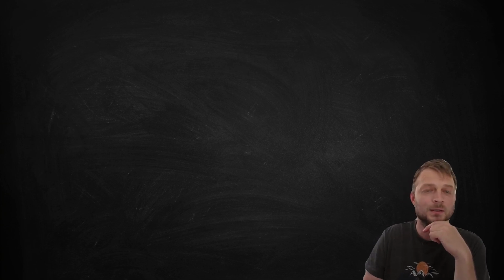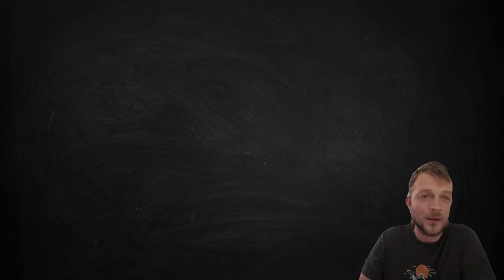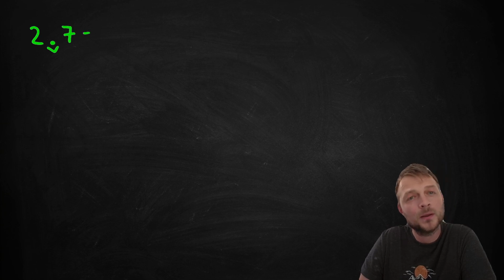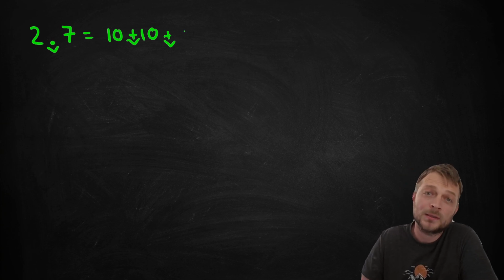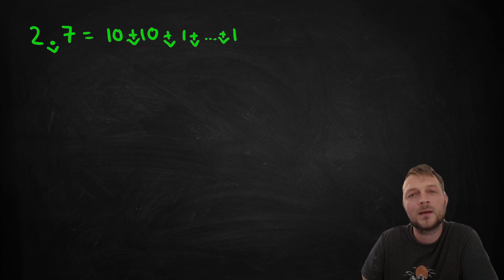Okay, let's try something different. Let's practice a little bit with this notation. 2.7. What is this? It's 2/10, right? 10 plus 10 and plus 7 ones. 1 plus 1, 7 times.